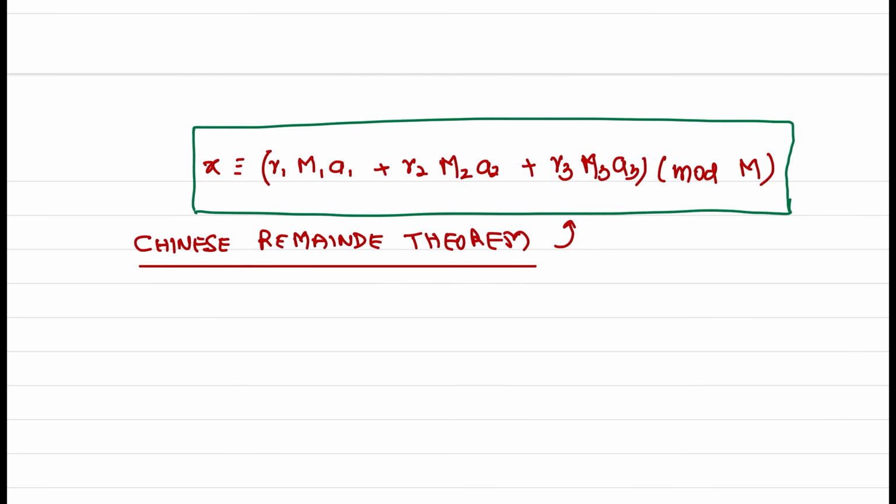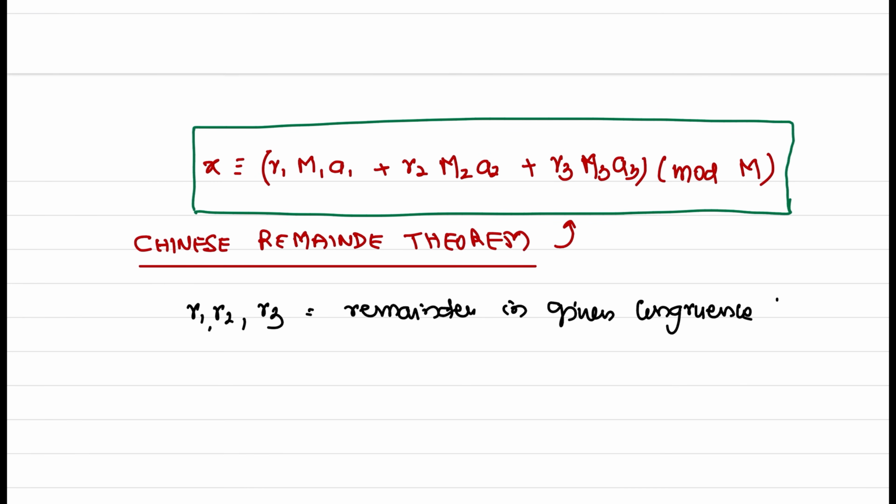Let us explain each and every element here. On the right hand side, R1, R2, R3 are the remainders in the given congruence system.